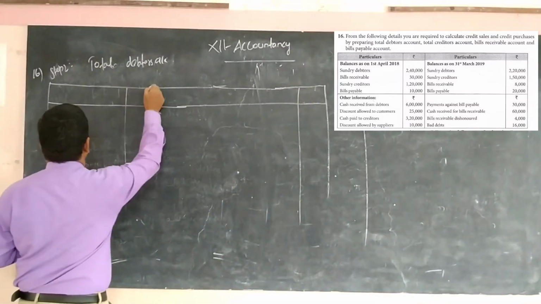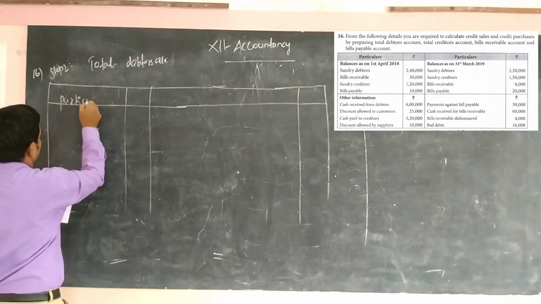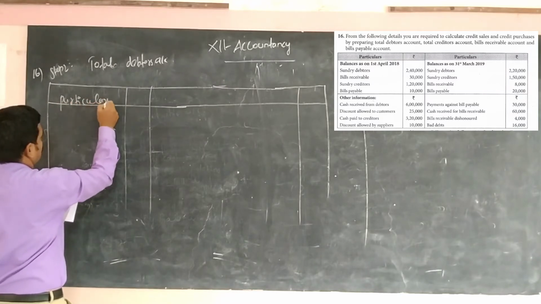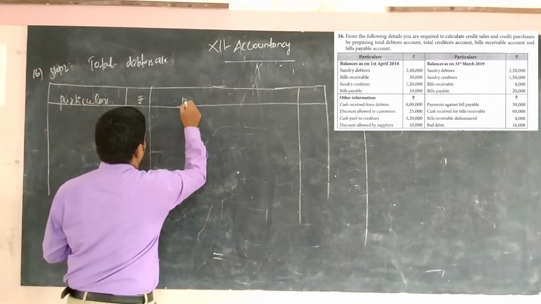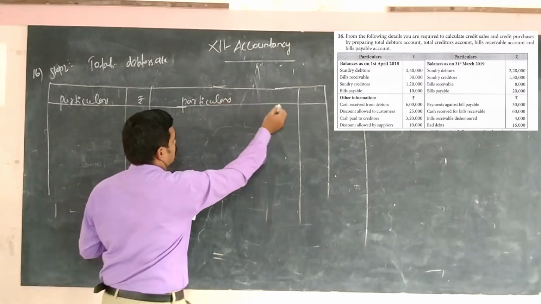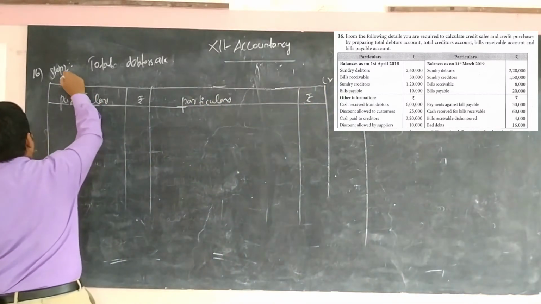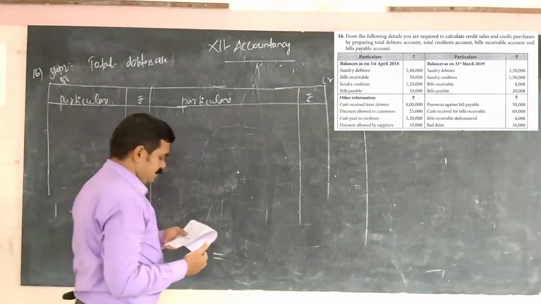So particulars, rupees, particulars. Credit side, debit side.